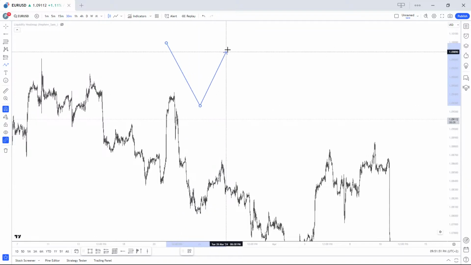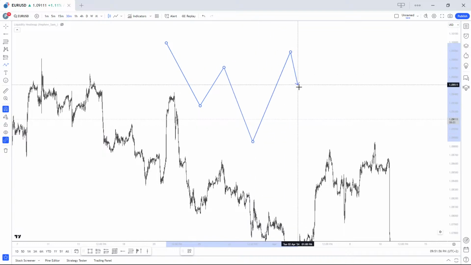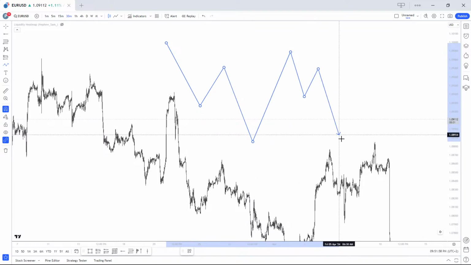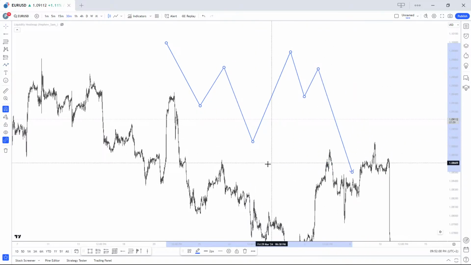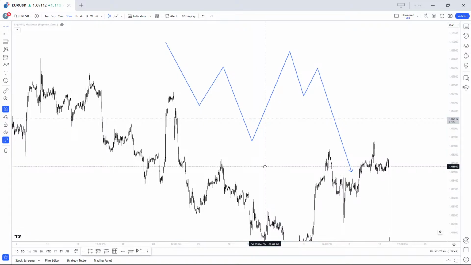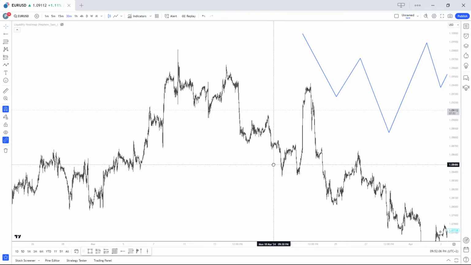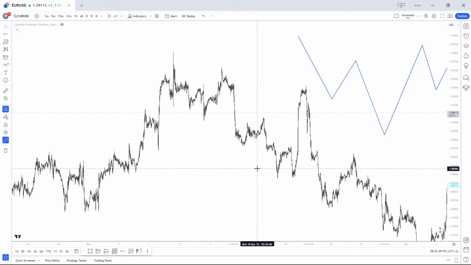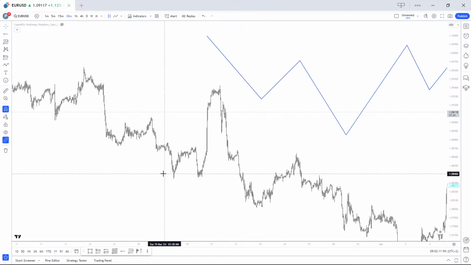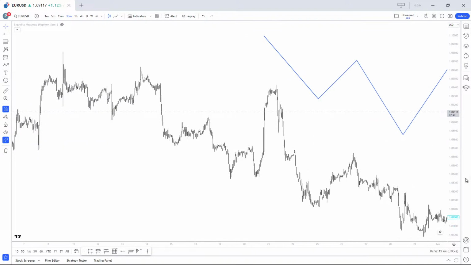So lower low, lower high, lower low, breakout structure, retest, the retest, continuation. So okay, I think this is like a good example right here.